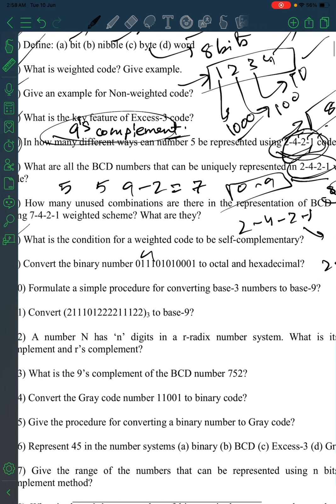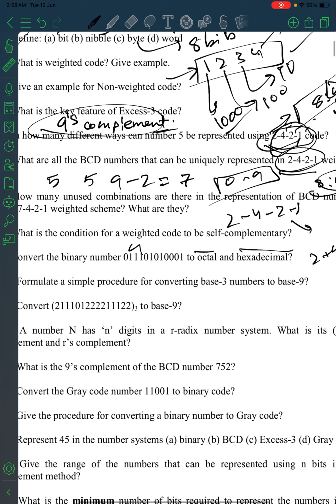Convert the binary number into octal and hexadecimal. Octal means 8, hexadecimal means 16. So octal means 3, hexadecimal means 4. We will divide this particular number into groups of 3, and into groups of 4 for hexadecimal.